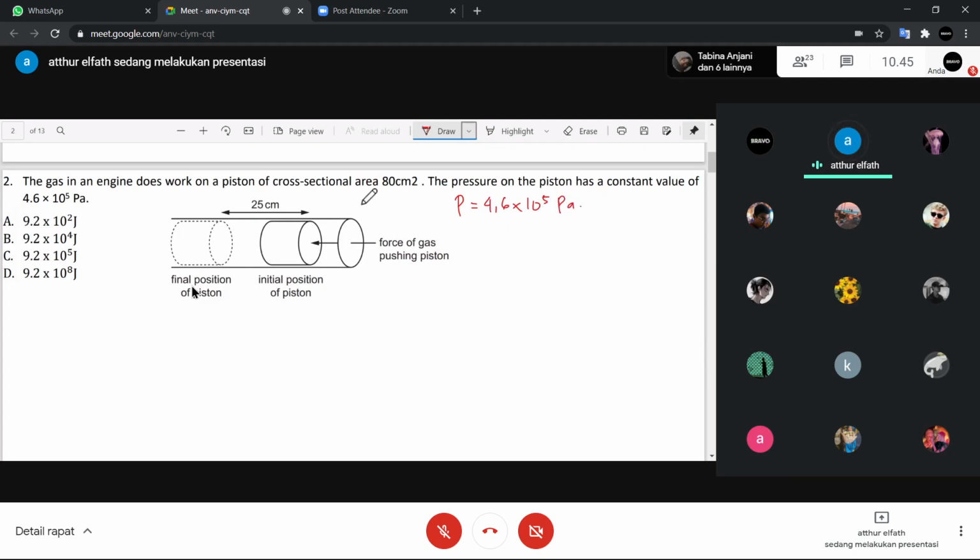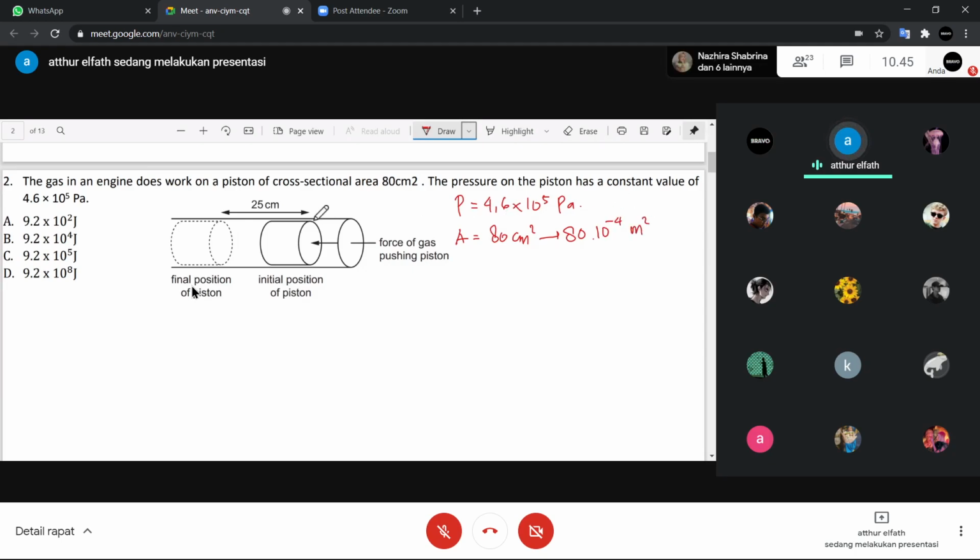The cross-sectional area is 80 centimeters square. Please convert this unit first before you substitute into your calculation. Don't forget centimeter square to meter square is times 10 minus 4 meter square.